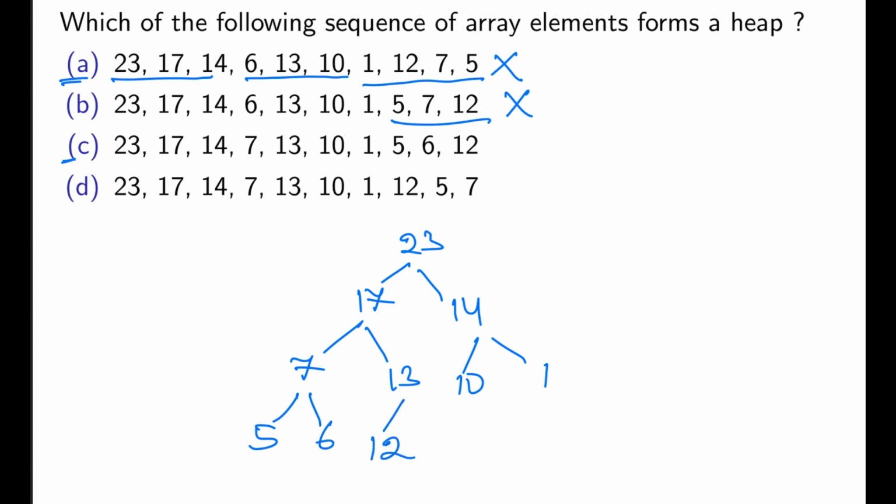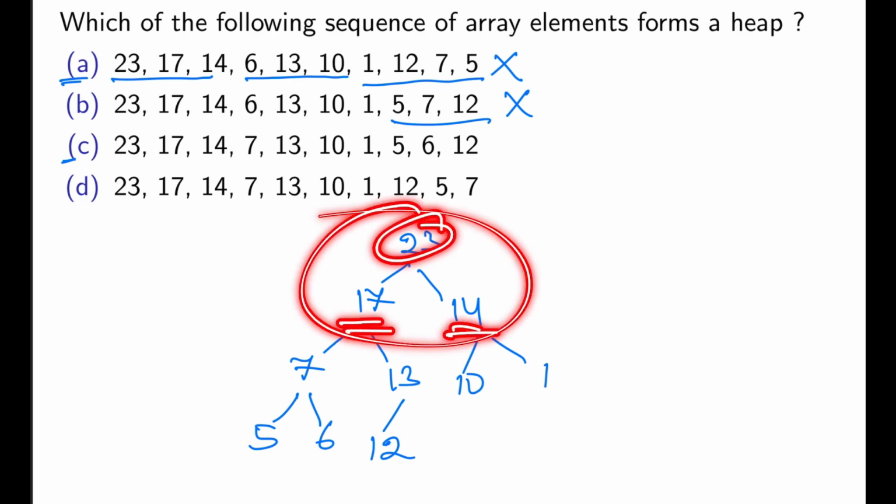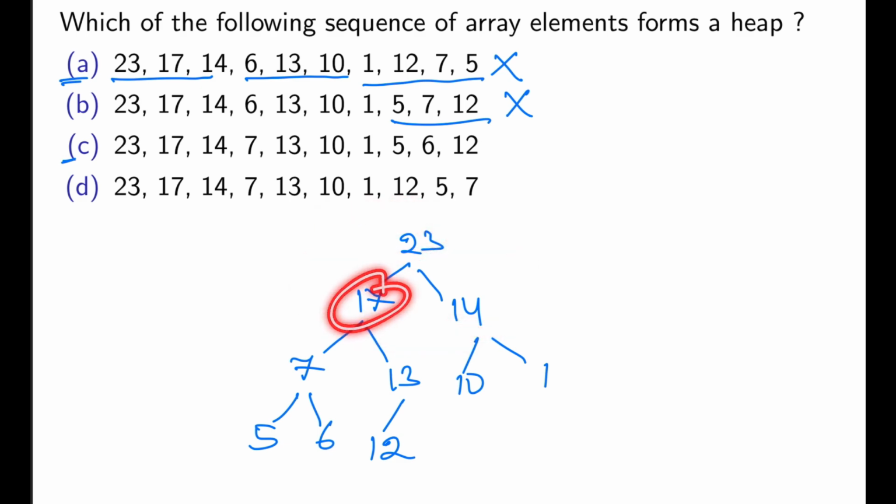Now you can check 23, 17, 14: it is satisfied. Then 17, 7, 13 satisfied. 14, 10, 1 satisfied. 7, 5, 6 satisfied. 13, 12 satisfied. So we can say option C is a heap.